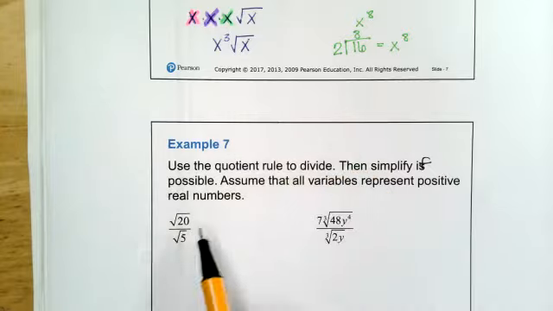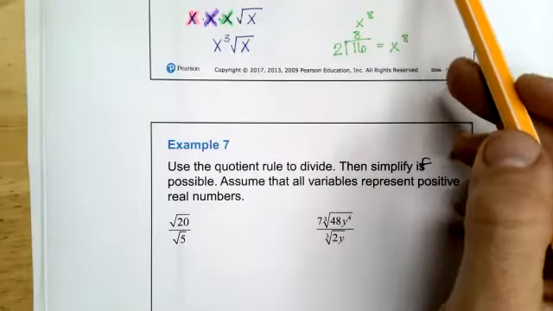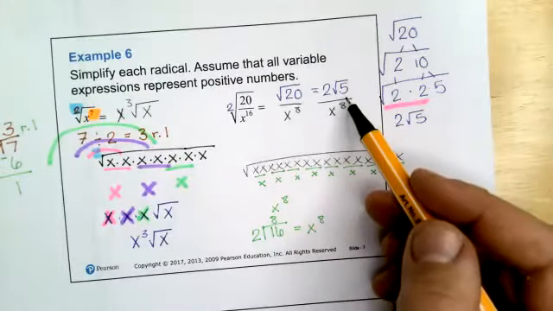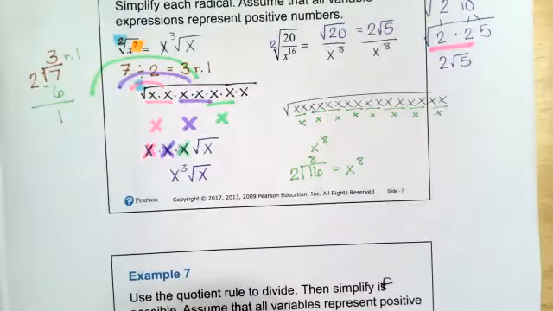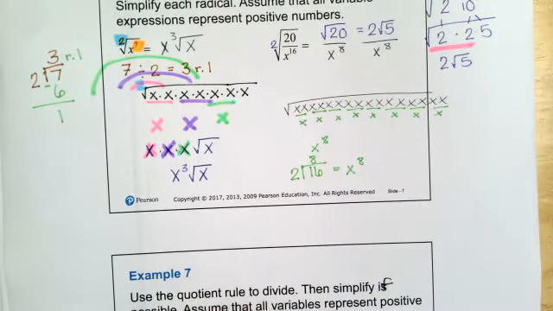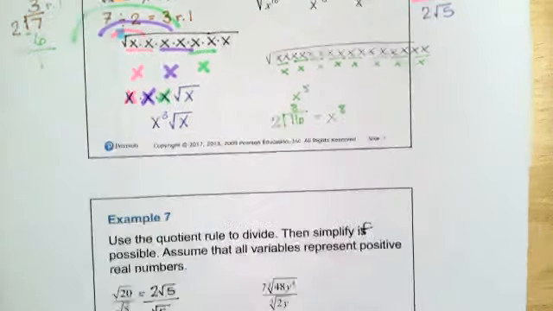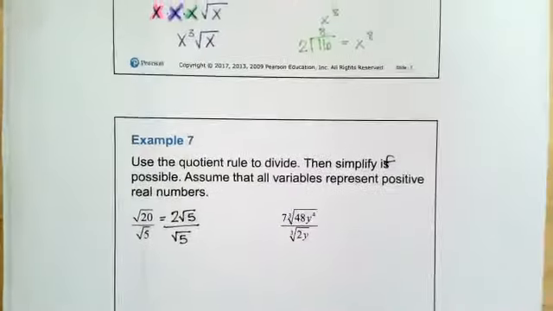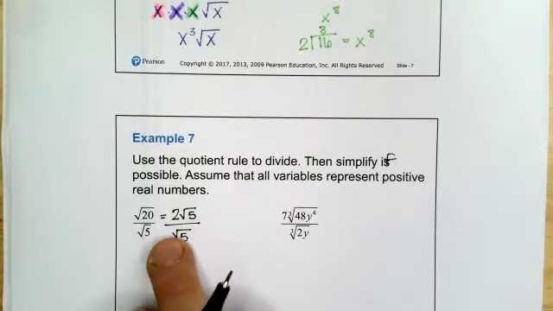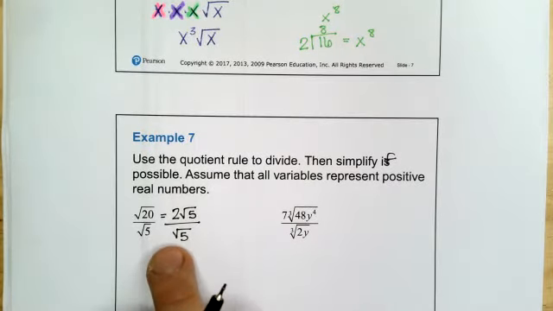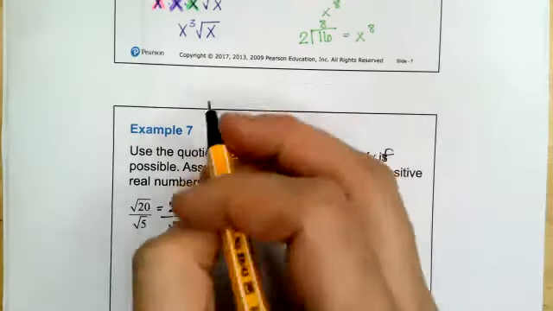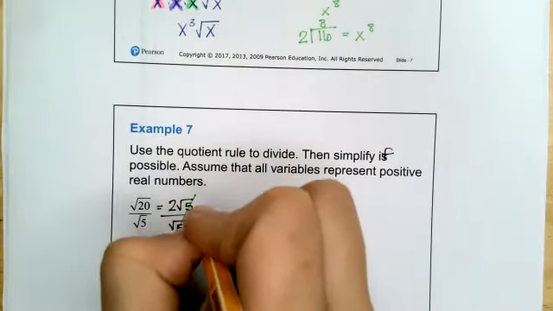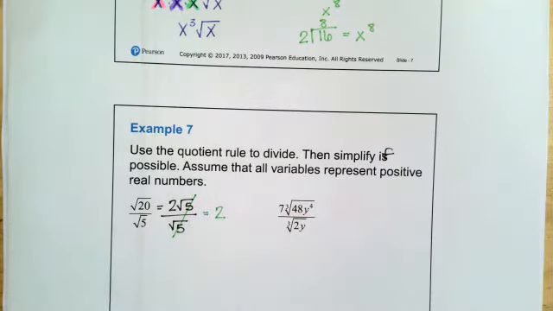You can change this to 2 square root of 5 over the square root of 5, because we know that 20 is 2 square root of 5. 2 is being multiplied by the square root of 5, and under here the square root of 5 is being multiplied by 1, right? So we can say that those cancel, and we're left with 2.